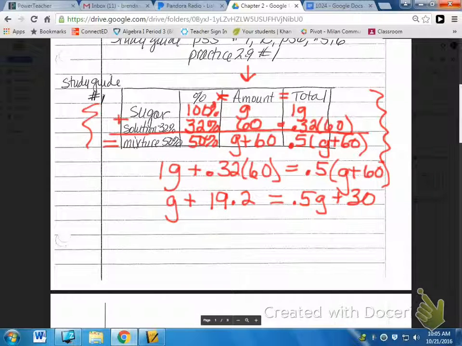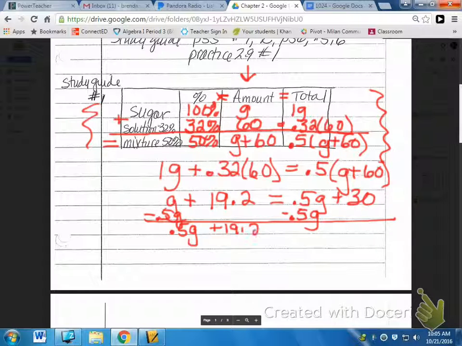Okay, bring my variables together. My smallest one is 0.5G, so subtract 0.5G from each side, which gives me 0.5G plus 19.2 equals 30. Subtract 19.2.